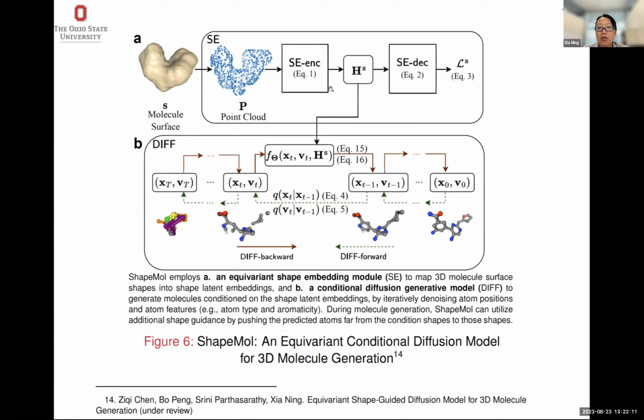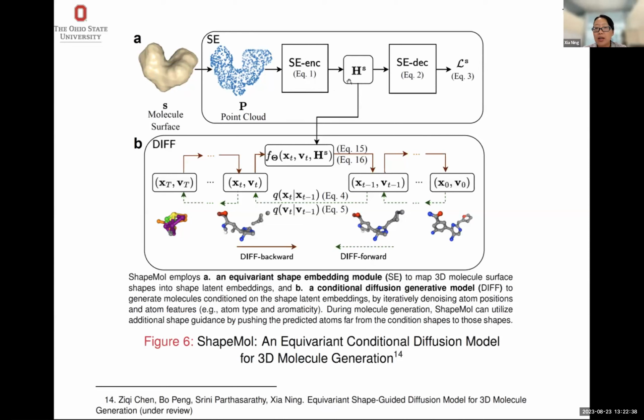This embedding is done through, again, an autoencoder framework. And the key thing here is to ensure that the embedding is going to be equivariant. That is, if the molecule is rotated, the embedding of the rotated 3D shape should be the same as if you rotate the embedding before the rotation.